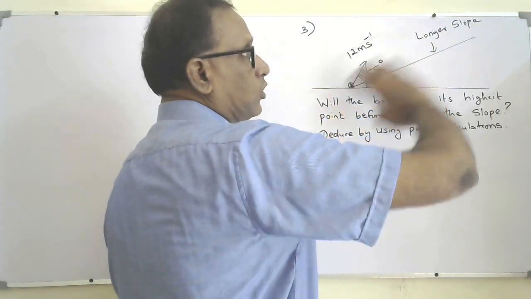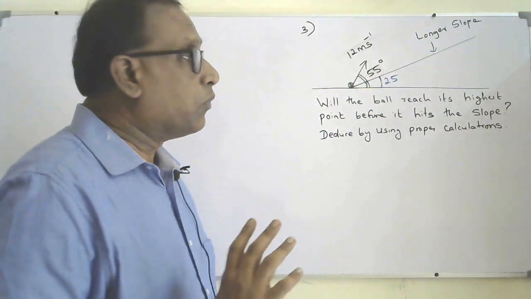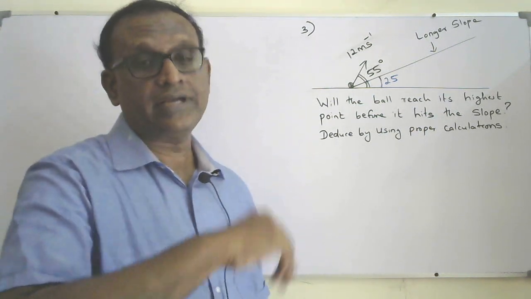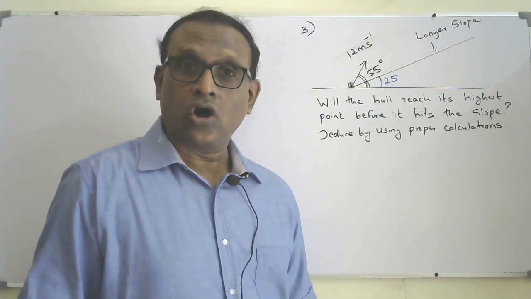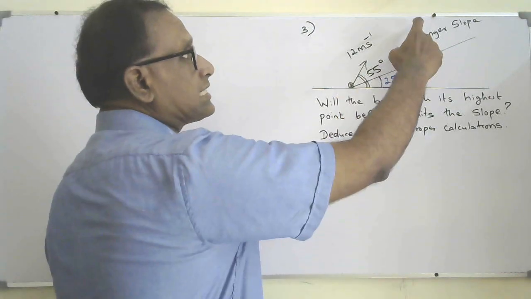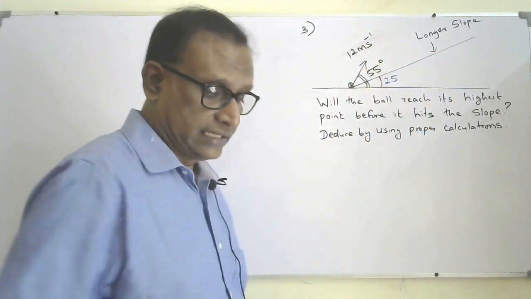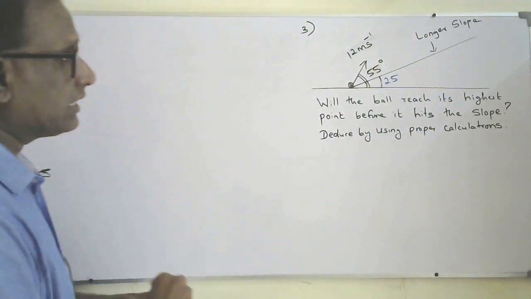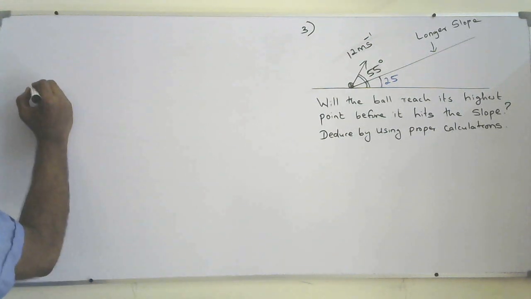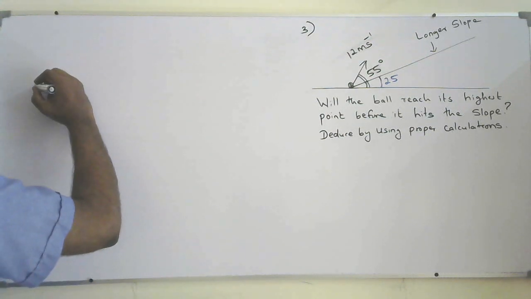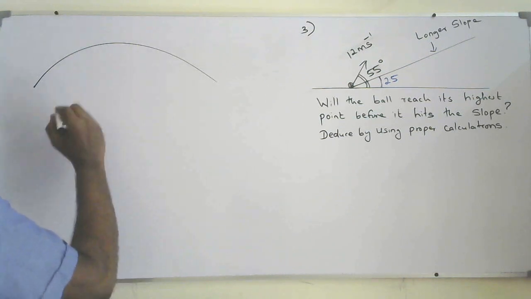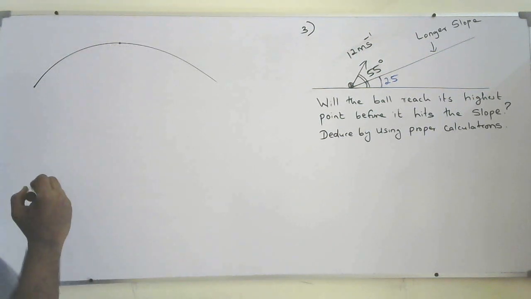It's a large slope, along a slope. So will the ball hit the slope before it reaches the highest point, or will it be able to reach its highest point without hitting the slope? It depends. This is the path. The ball can have a path like this. This is the highest point, right?